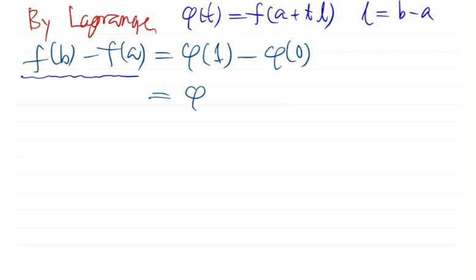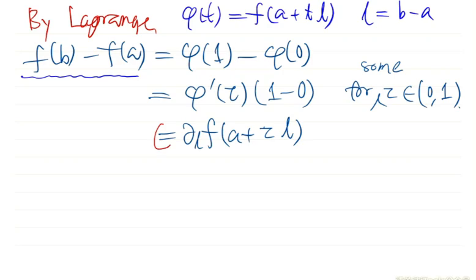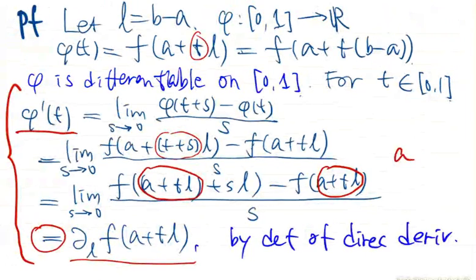This will be phi prime of tau times (1 minus 0) for some tau in the open interval (0, 1). But the derivative of phi we just computed on the last page is the directional derivative of f along the direction L at the point a plus tau L. Here in this step we apply this computation.